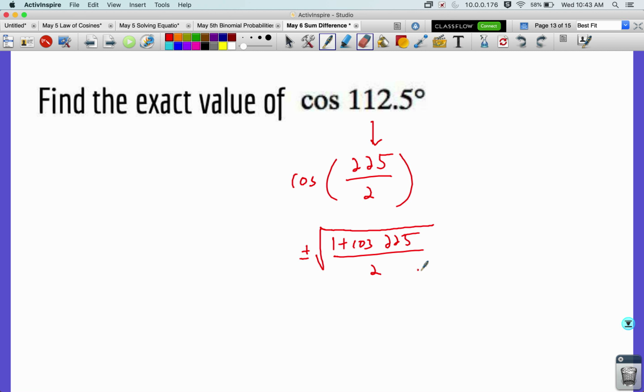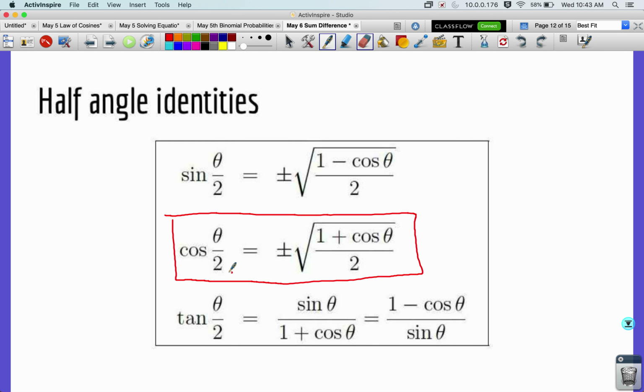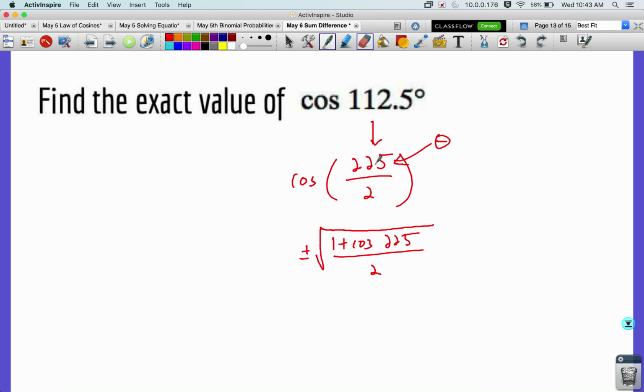Notice the 225 is theta, because if we look at the setup, it's theta over 2. So now it's the 225 taking the place of theta. And cosine of 225, we know what that is, or at least we can figure it out pretty easily. 225 is this angle down here.